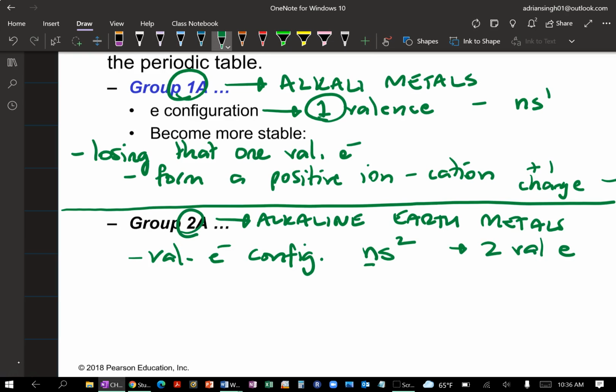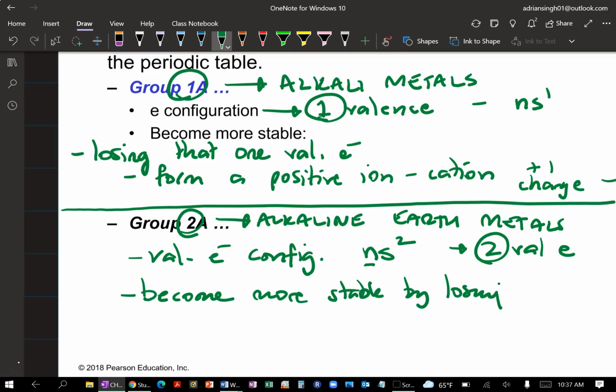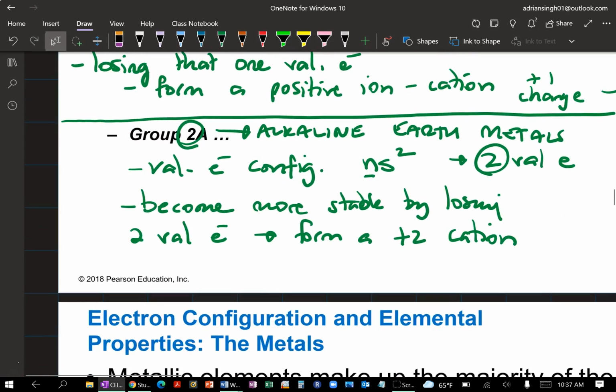Okay, they're in group 2, they have 2 valence electrons, and they are going to become more stable by losing those 2 valence electrons. And as a result of that, they're going to form a +2 cation, or a cation with a +2 charge.